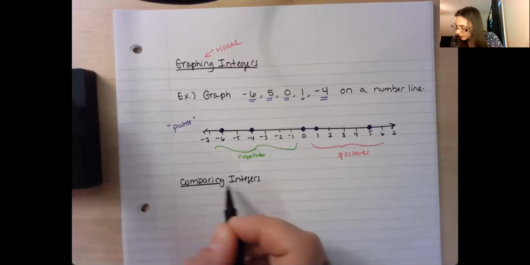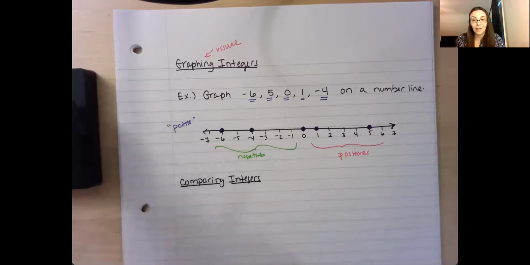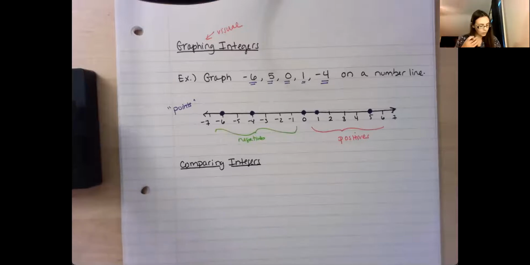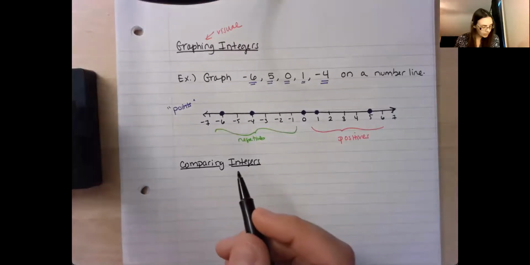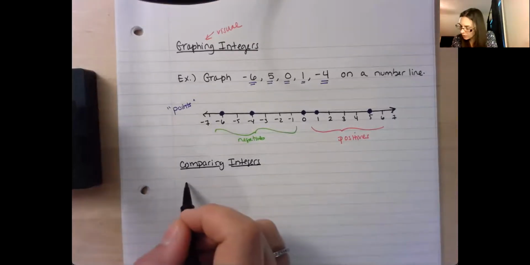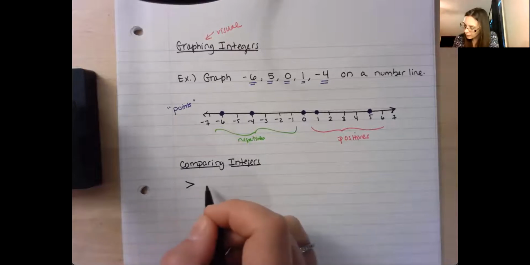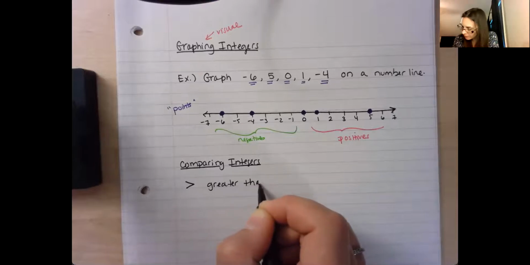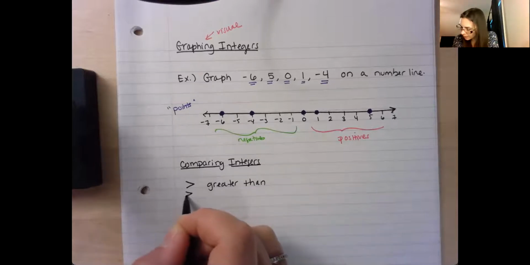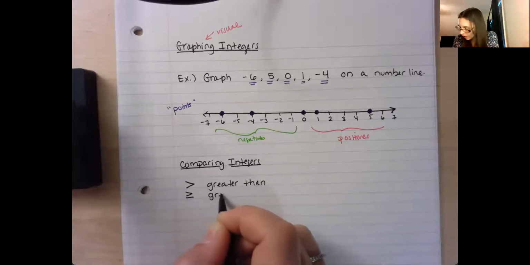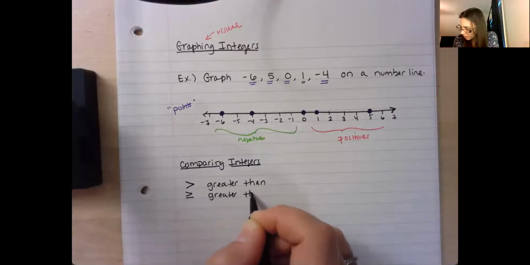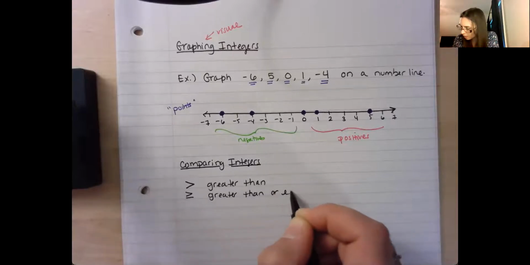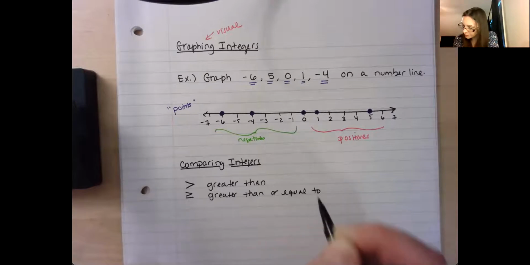And the number line is really nice too because it also allows us to compare integers. So let's go through a couple just definitions here for a second. So just to recall that this symbol here is the greater than symbol. And this symbol here is greater than or equal to.